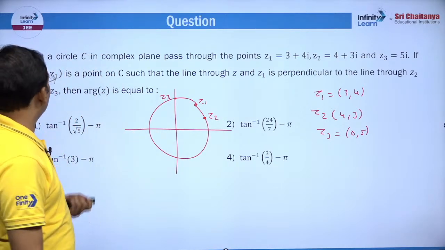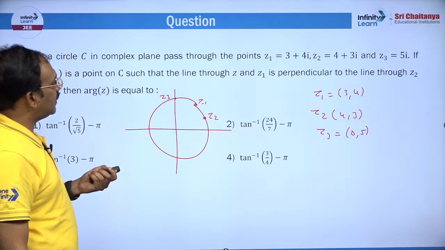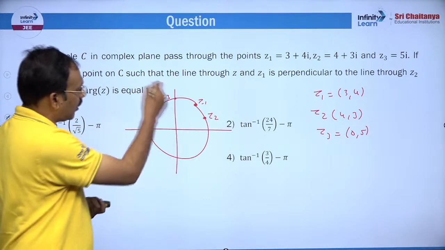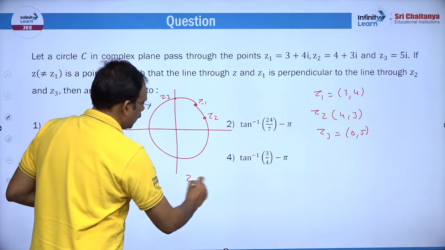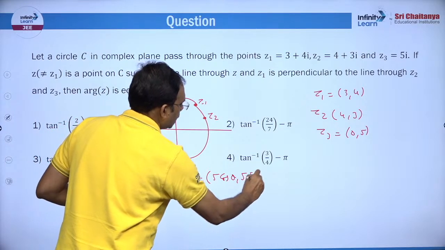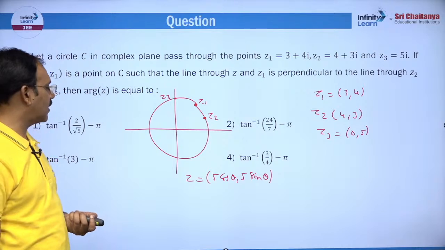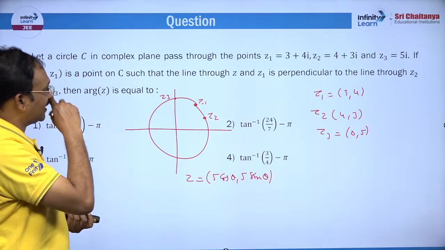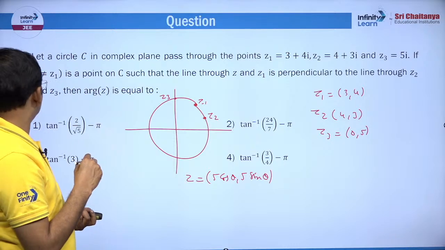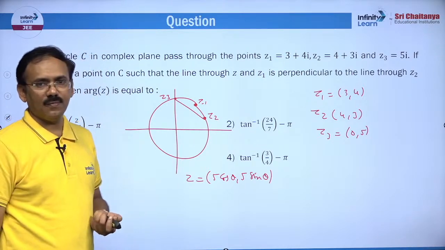Now, you just see what he said. Z is a point on C such that the line through Z and Z1 is perpendicular to the line passing through Z2 Z3. How do you take the point Z on this circle? Can you take it like (5 cos theta, 5 sin theta)? Because this represents a circle with center (0, 0) and radius 5, you can take it like this. You already know Z2 Z3, right?